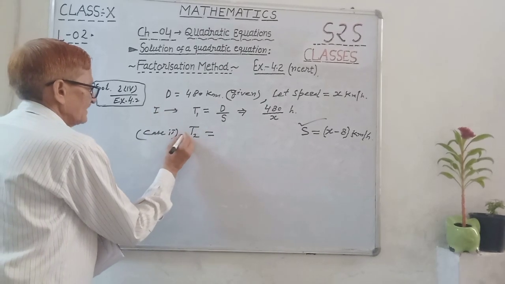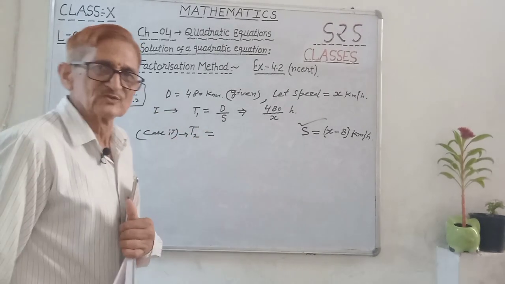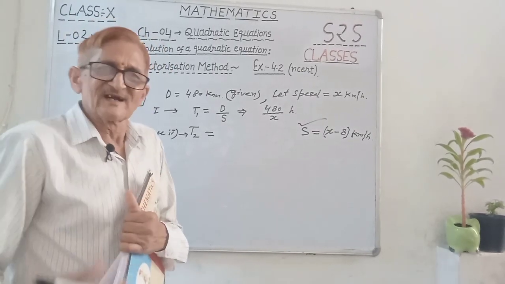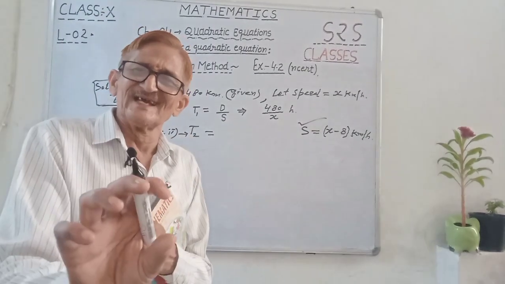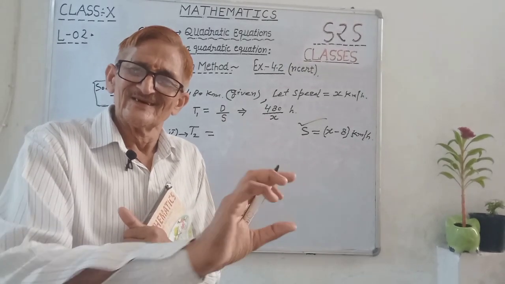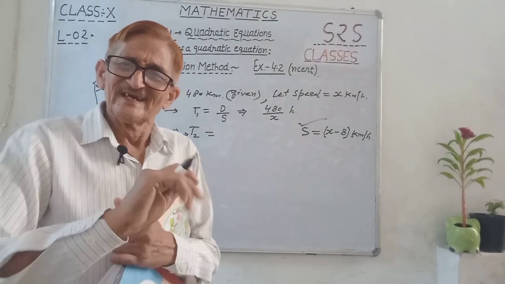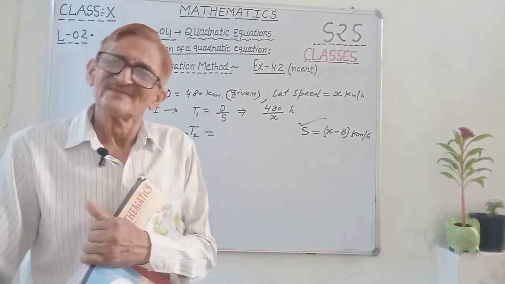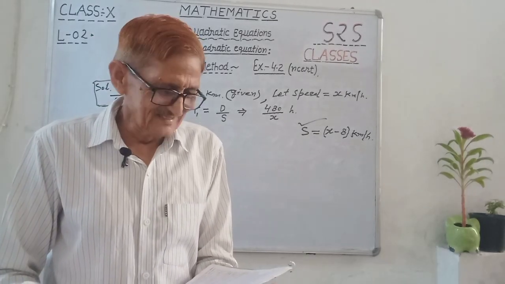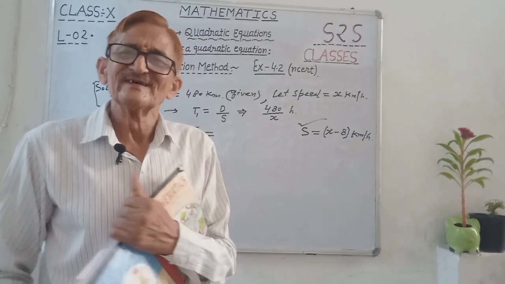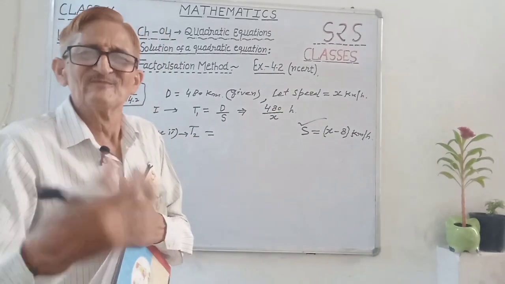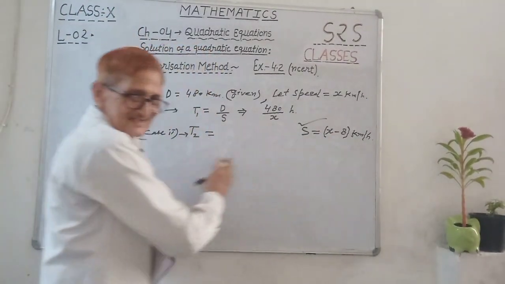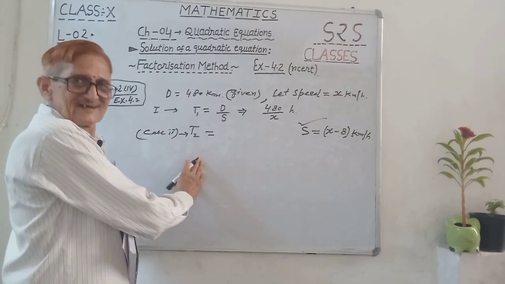Okay, in the second case, time T2, let us suppose. Time we are finding because the time condition is there. Original speed has a time and less speed has a time. Relation is given कि 3 hours more. If speed less, तो time more. यानी speed is less, then T2 is greater.